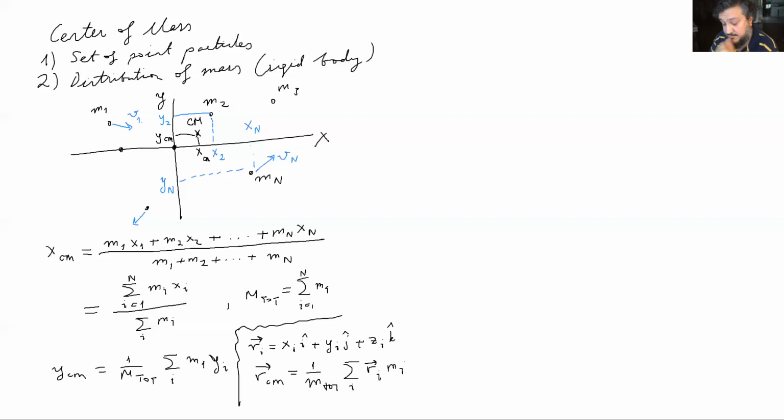So let me give you an example. Let's say on the xy plane, I have, let's say, 3 masses lined up here. One is at the center, one of them is here, and the other one is over here. Okay, these are 2 kilograms, 1 kilogram, and 3 kilograms.